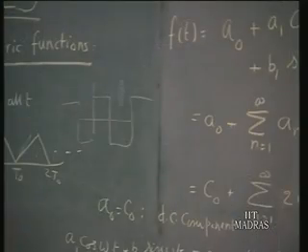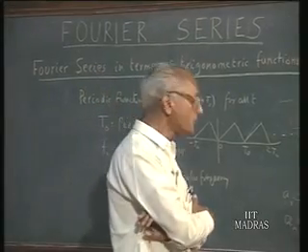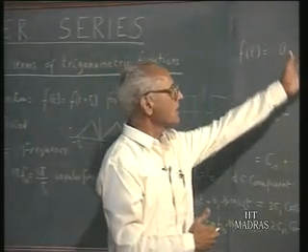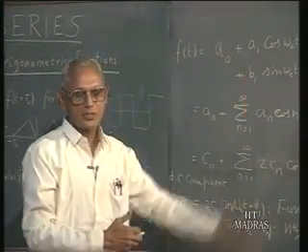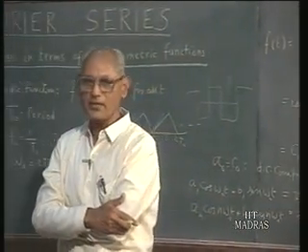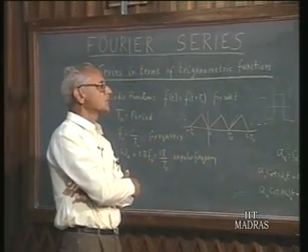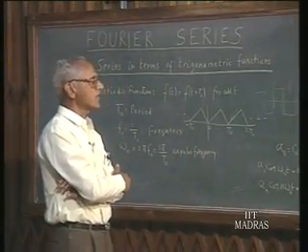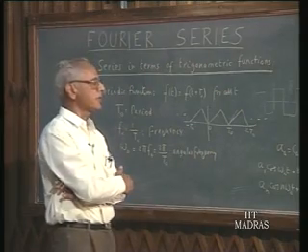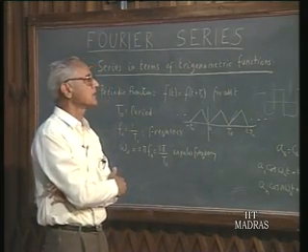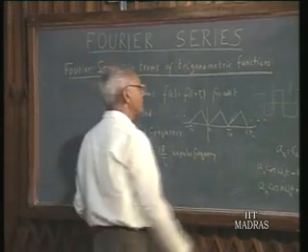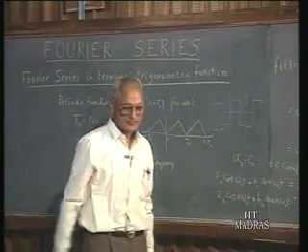When you have functions of time which are discontinuous and exhibit jumps, how can you express this in terms of functions which are all continuous and smooth? All sine functions have infinite derivatives: first derivative, second derivative, and so on ad infinitum. So how can the sum of smooth functions, which are continuous and have continuous derivatives, add up to a function which exhibits discontinuities?